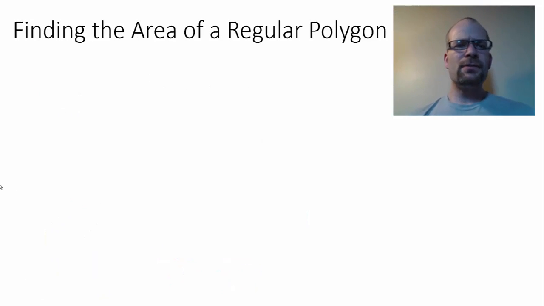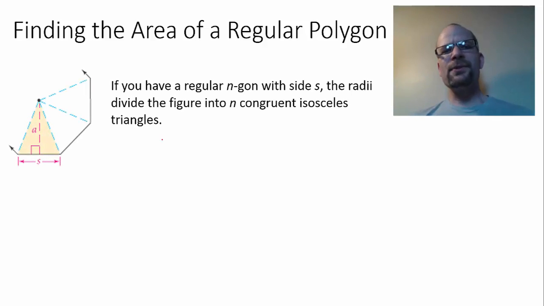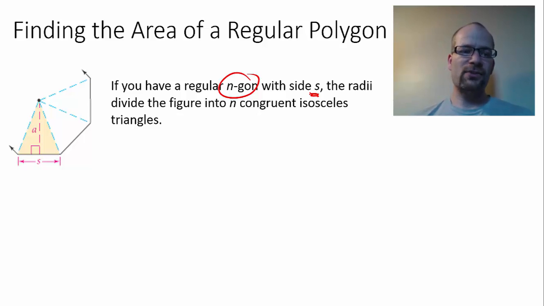The next thing we need to do is derive a formula for the area of a regular polygon. I'll do this 2 different ways. First way we'll do it is to recognize that if you have a regular n-gon, that is a polygon with n sides, and each side has s as a side length, the radii of the polygon divide it into n congruent isosceles triangles.